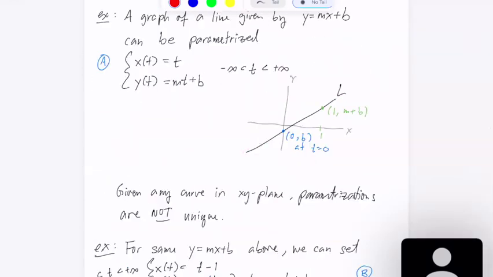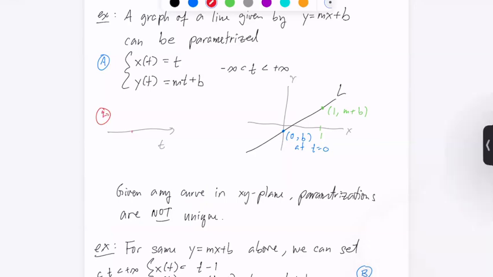When I'm describing x as a function of t and y also as a function of t, what you should be imagining is there's some sort of clock here, right? This is a t clock. It's like some time component here. And as you run through here, it's telling you at each time where you are on this line. So it's a map from one dimension into two-dimensional space because there's x and y coordinates here.